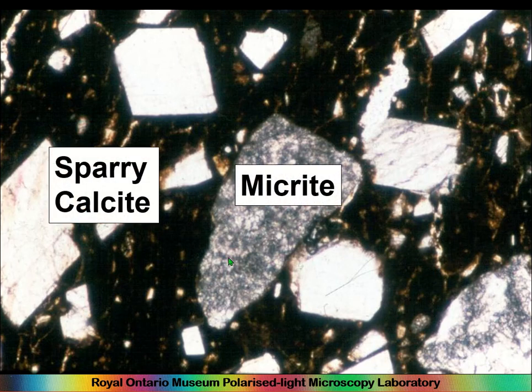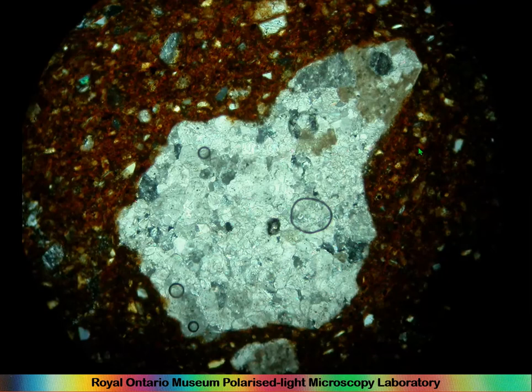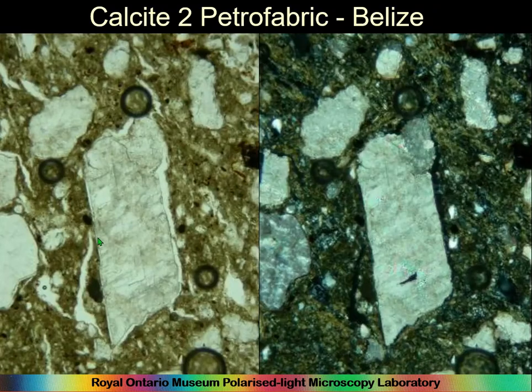So here is micrite, and here's sparite, calcite. In this case, it was broken up and added to the pottery to make cooking ware. This is a Belizean fabric from the north of Belize, where it's predominantly limestone.